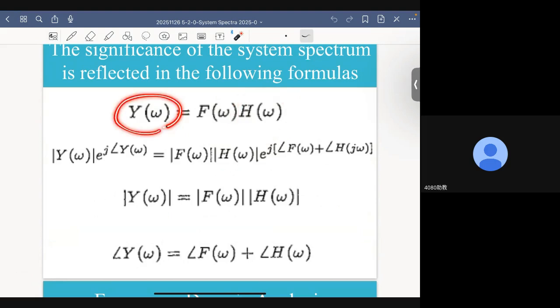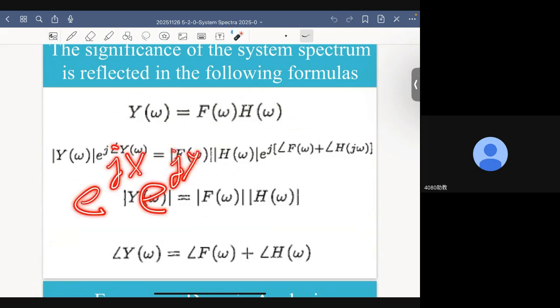Now, when I represent Y of omega using its polar coordinates, this is what I have. I can do the same thing to F and H. Since when I multiply e to the jx with e to the jy, what I will get is e to the j of x plus y.